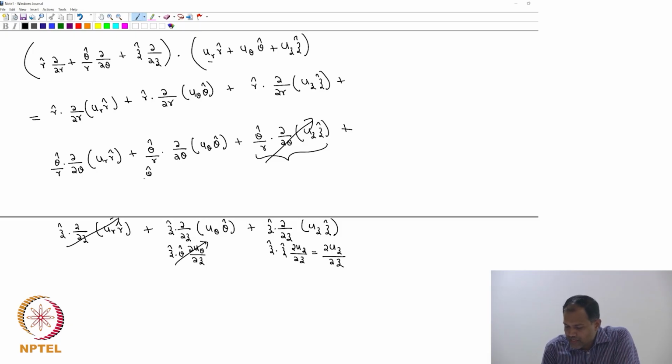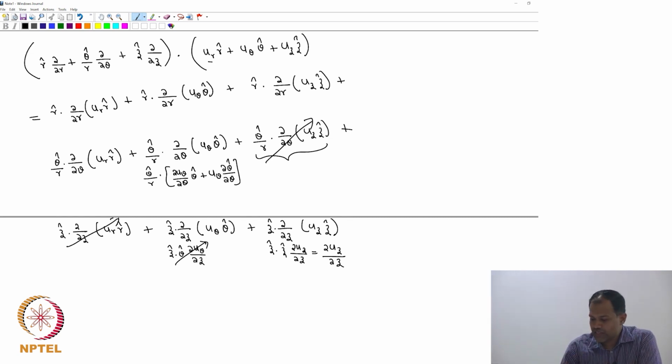So we have theta cap divided by r dotted with del u theta divided by del theta times theta cap plus u theta times del theta cap divided by del theta. What is del theta cap by del theta?